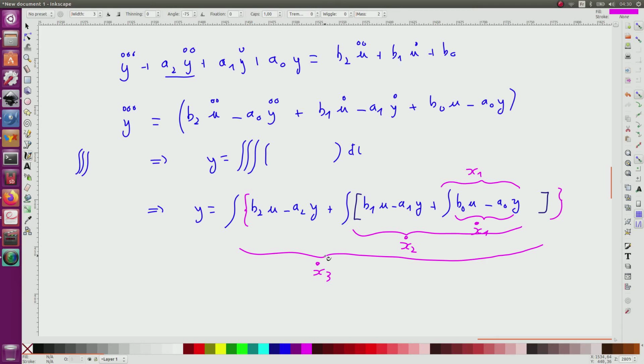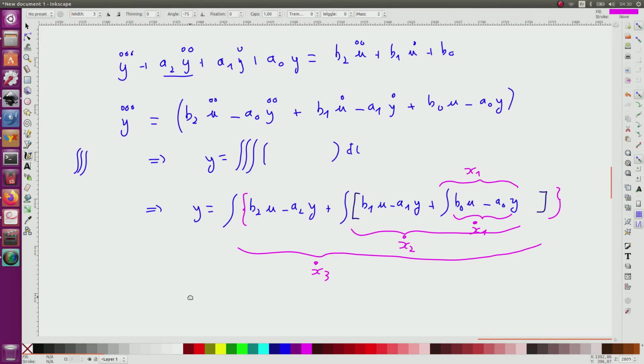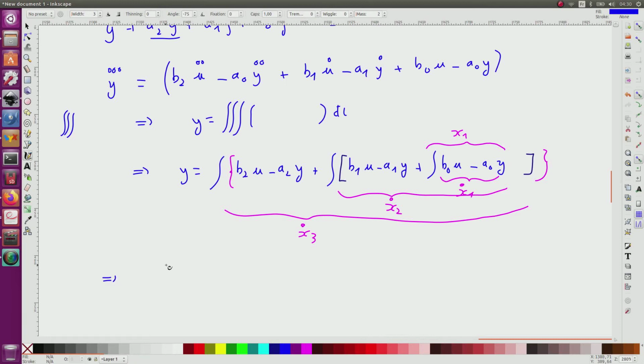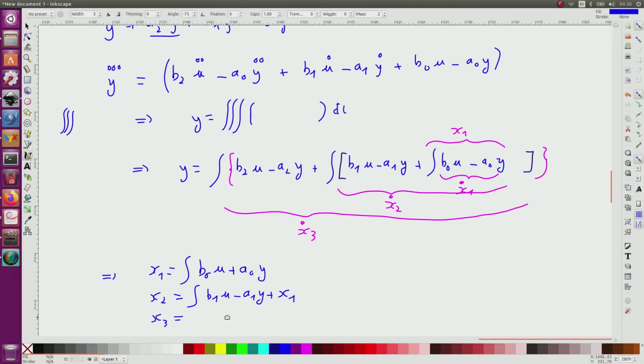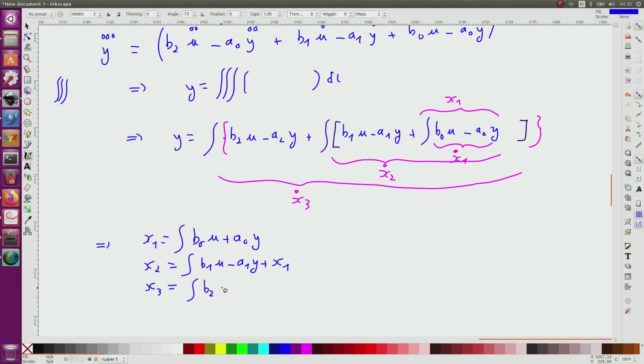And from this I will be able to write x1 is equal to the integral of b0 u minus a0 y, x2 equal to the integral between b1 u minus a1 y plus x1, and x3 equal to the integral between b2 u minus a2 y plus x2. So all these equations come from this.